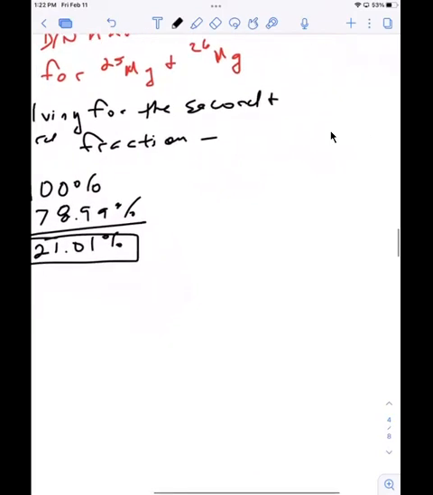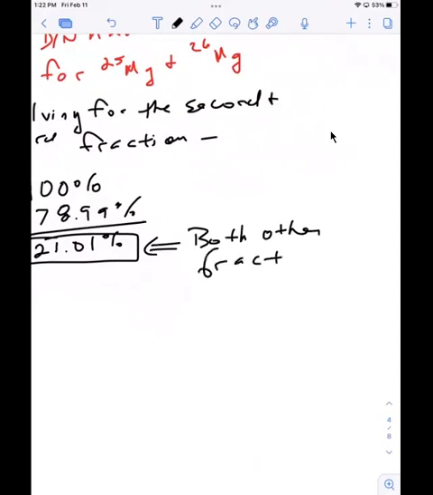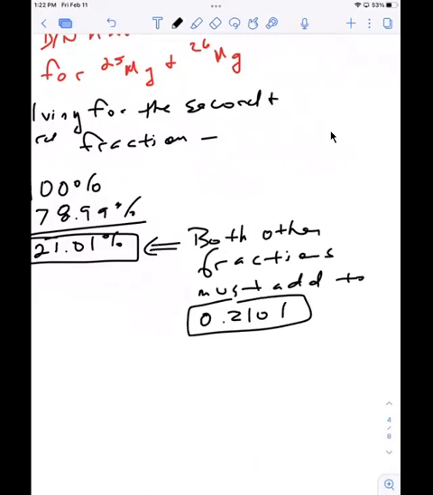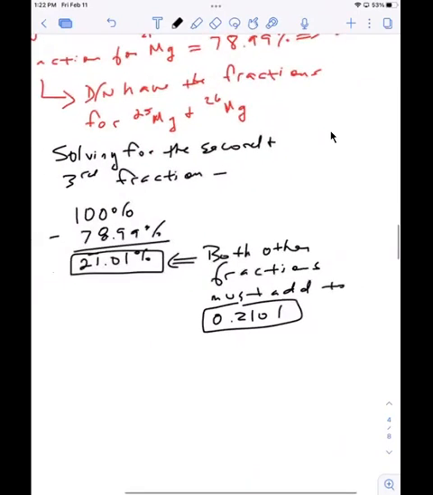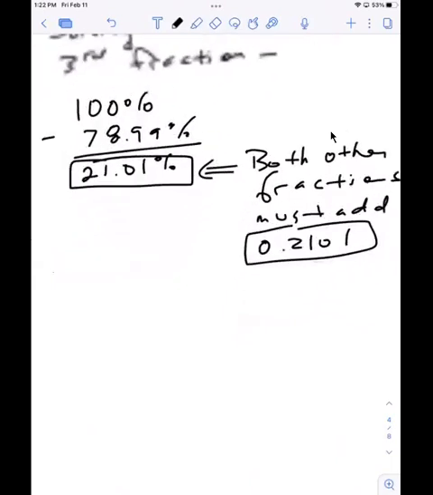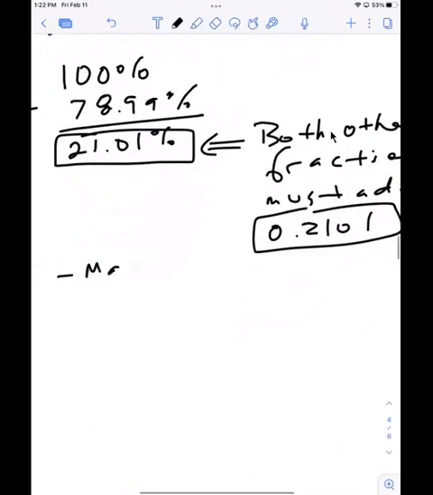So that's what this means. Right, so 0.2101. That's what that 21% means. The other two isotopes that are left, their fractions have to equal 0.2101. This is the key to the problem. The way we're going to solve this is we're going to make one fraction x.